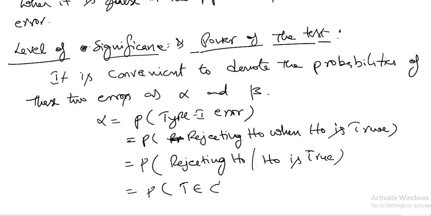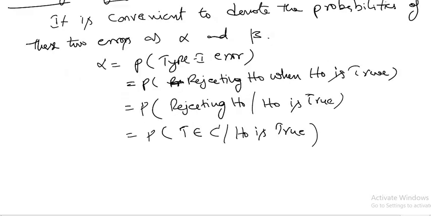Critical region, which is the rejection region. Rejecting H naught given H naught is true.